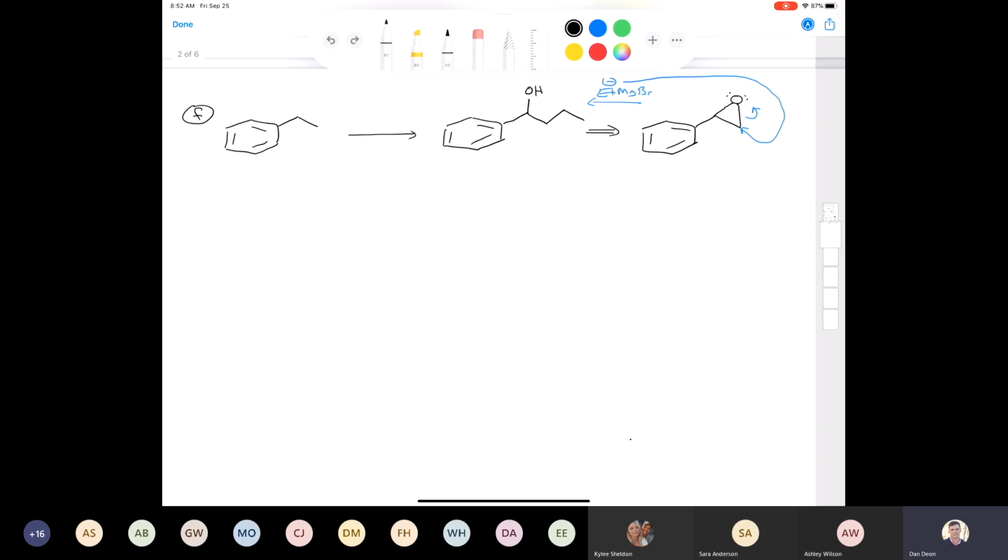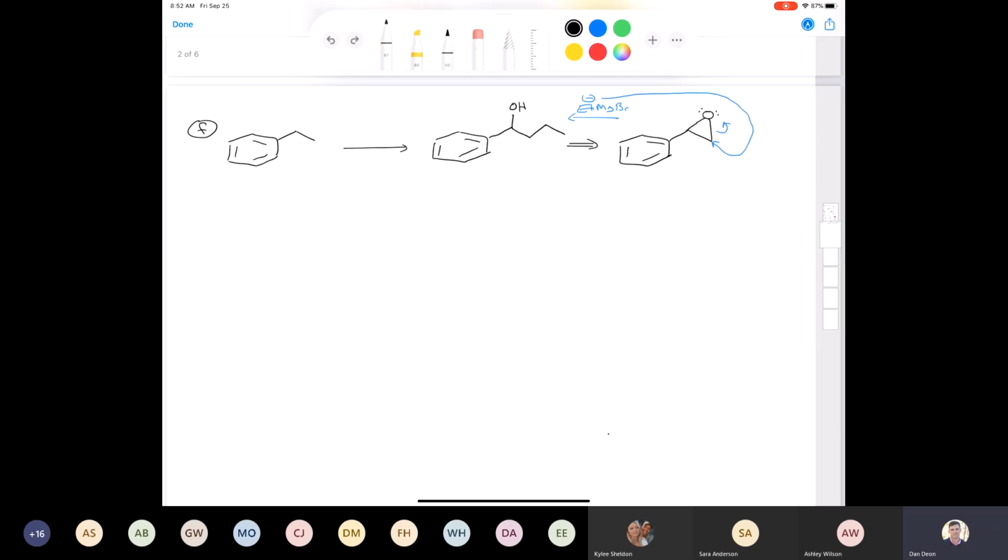I'm going to walk you through it right now. The first step is going to be the bromination reaction, right? Because we have 2 benzylic hydrogens here. That means that we can treat this with NBS. We make a benzylic radical, which is stabilized, and it reacts with bromine. Okay, and we end up with this compound.